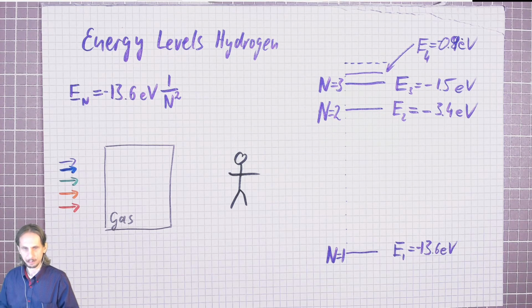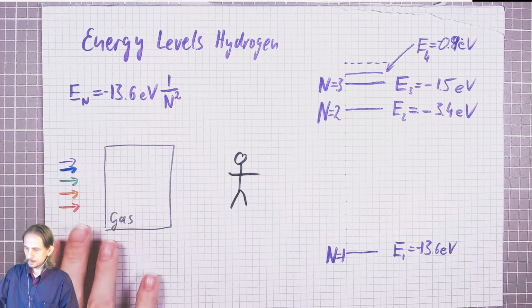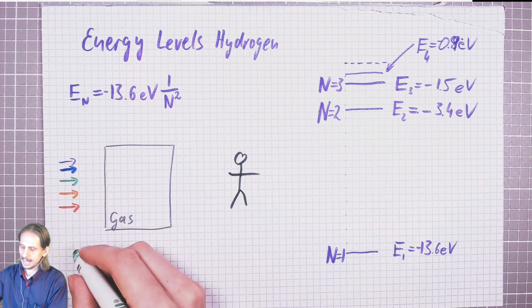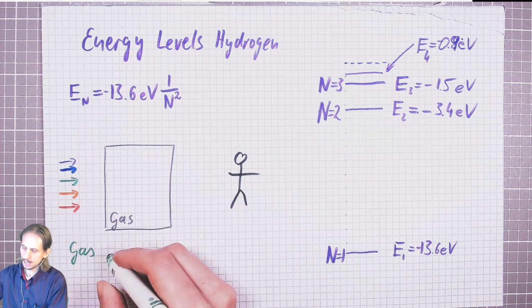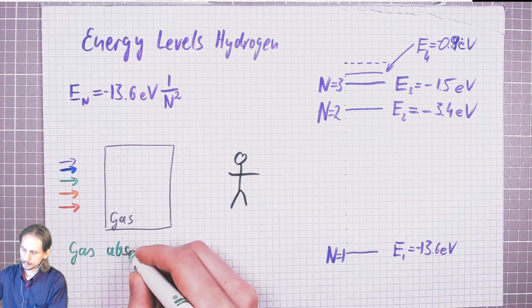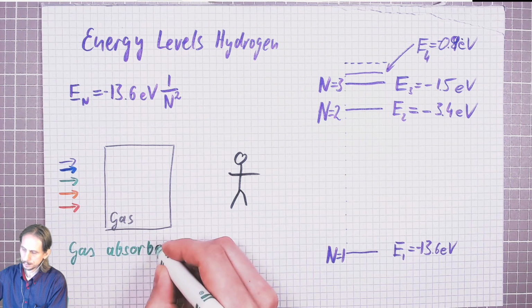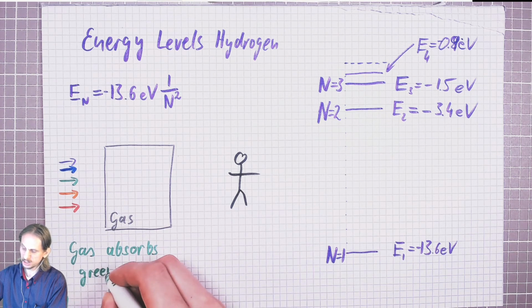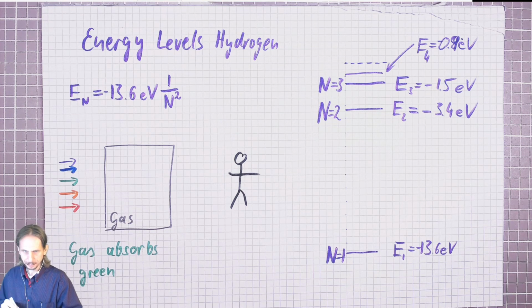So probably we're not going to work with hydrogen and the human eye. But for the sake of principle, I'm going to draw something over here that is visual so that I can use colored pencils. Let's say this gas absorbs green light, just for the sake of it, so that we have colors.